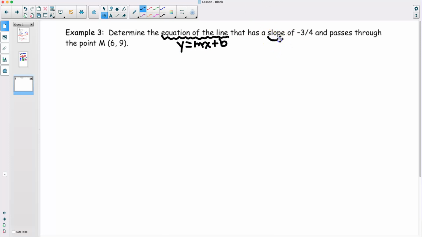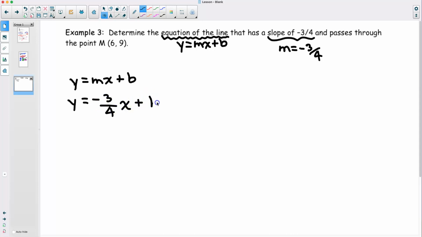This question made it super easy for us because it already gave us our slope, which is minus 3 over 4. So our equation, which needs to look like y equals mx plus b, already looks like this: y equals minus 3 over 4 x plus b.